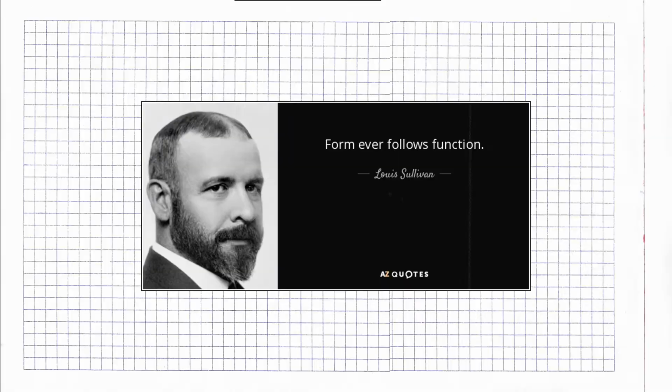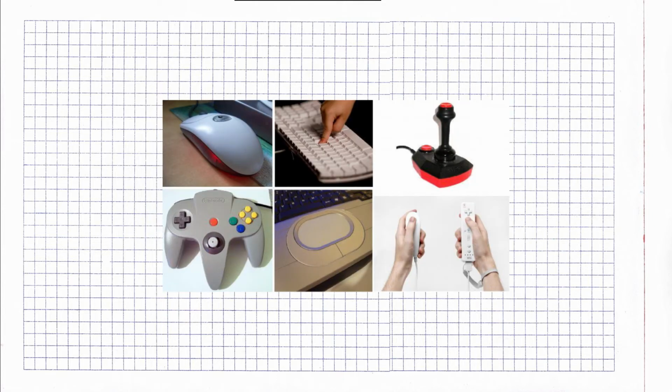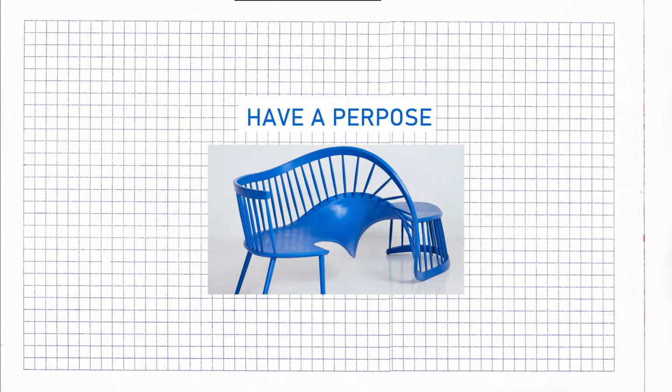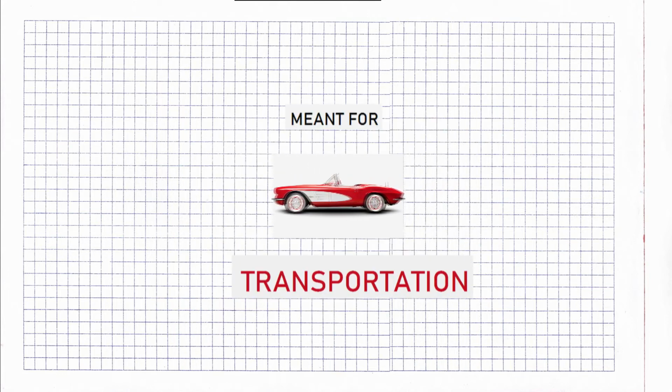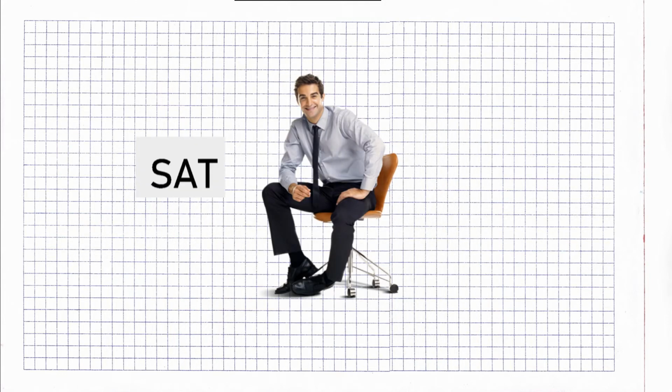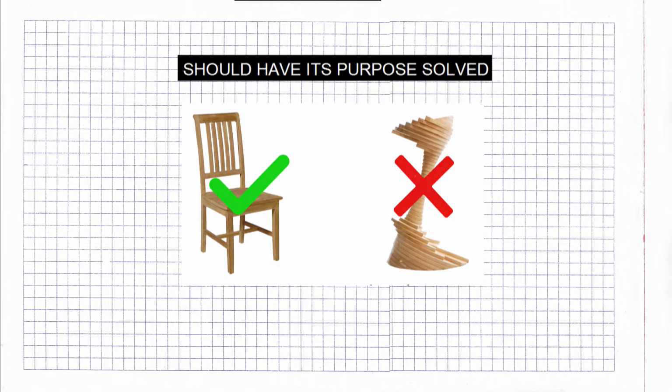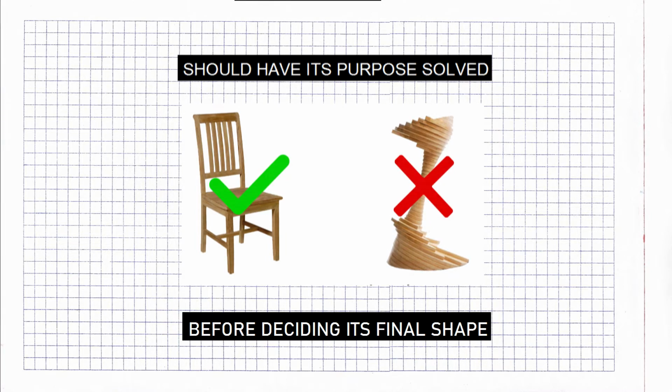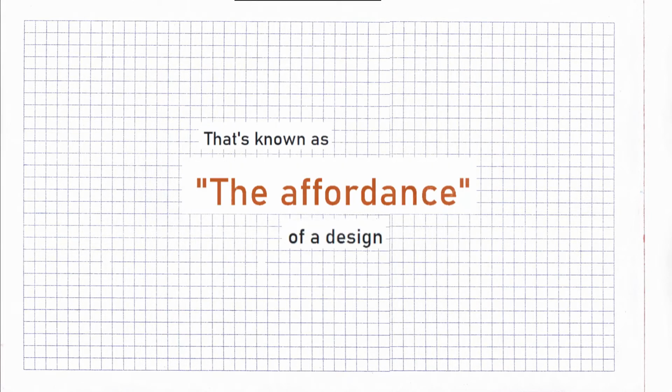Tip number 4. Form follows function. Form follows function is a very well-known industrial design term, which states that every design that's meant to serve a purpose, like a car meant for transportation, a chair that's meant to be sat on, should have its purpose solved before deciding its final shape. That's known as the affordance of a design.